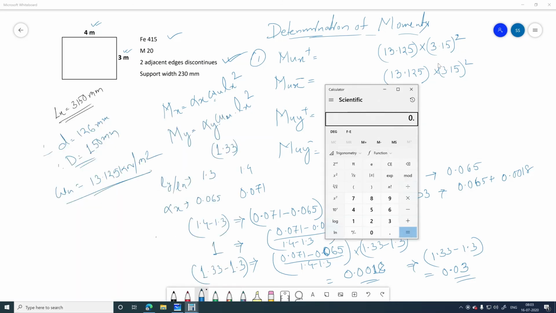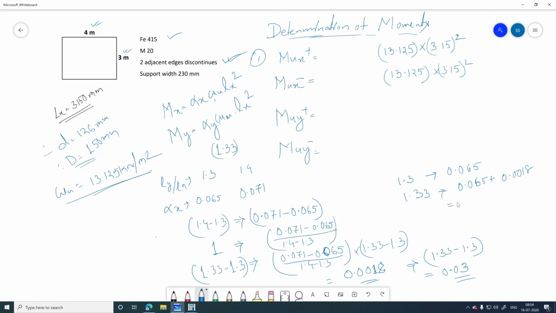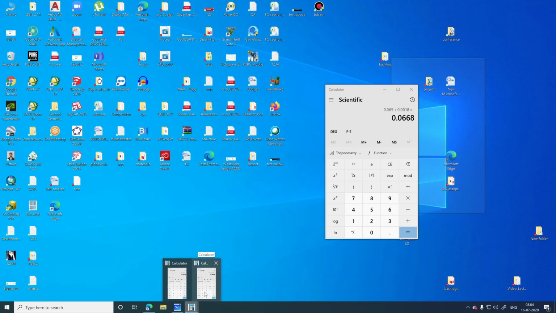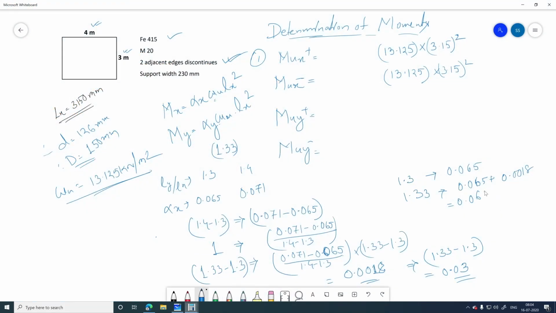So 0.065 plus 0.0018. This is the value, that is 0.0668. Or you can write 0.067 as the nearest value, but we will consider the actual value.